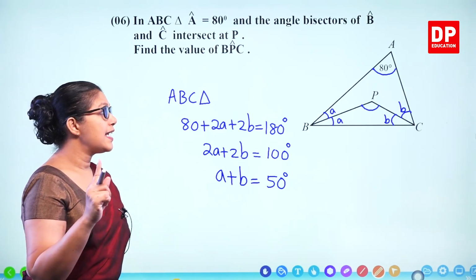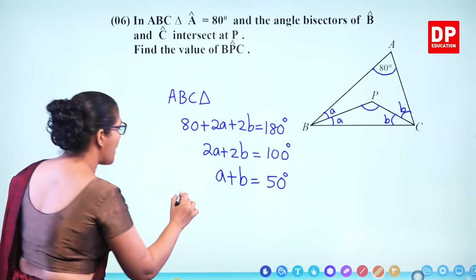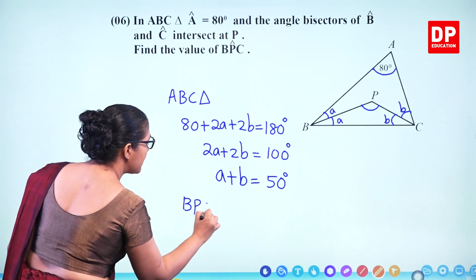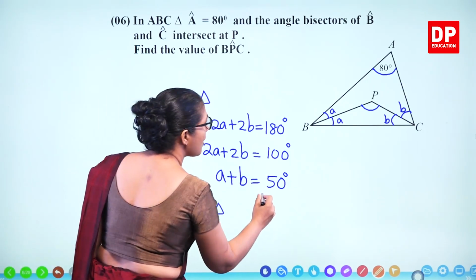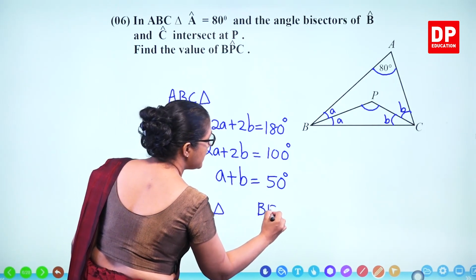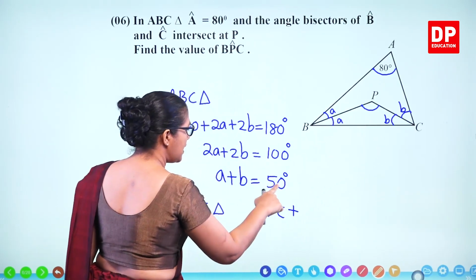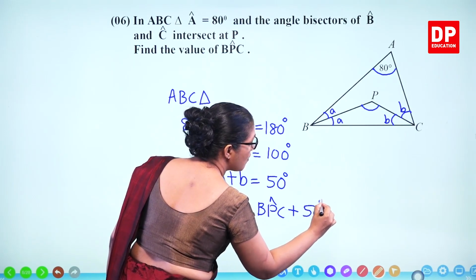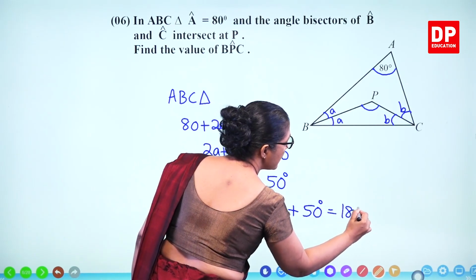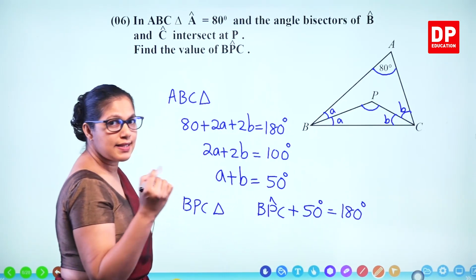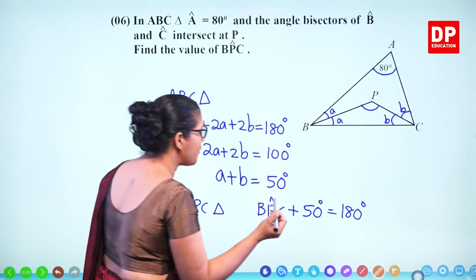Now we can take triangle BPC. Angle BPC plus A plus B, and A plus B is 50, equals 180 again. That's another triangle, and the sum of angles in a triangle is 180.